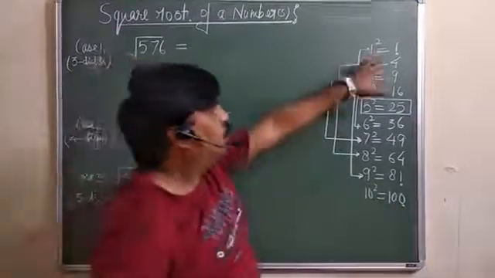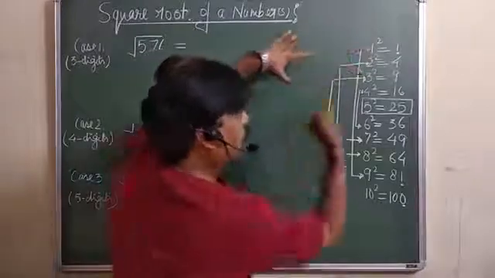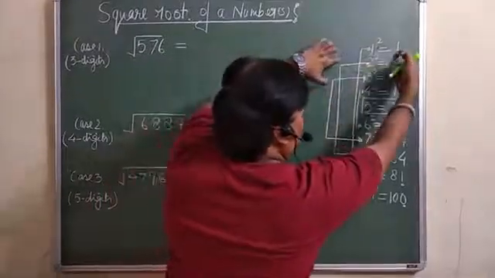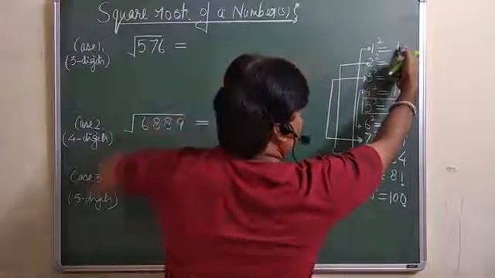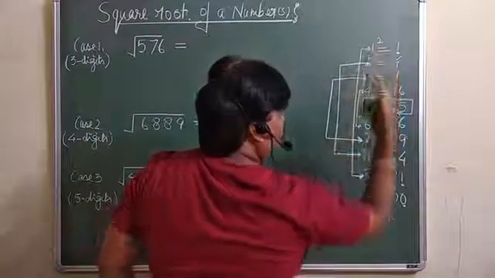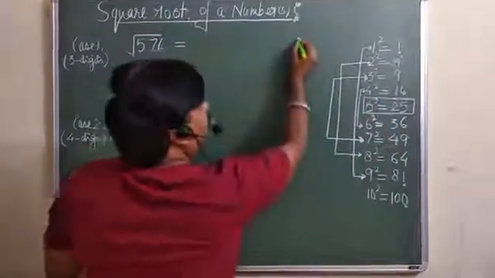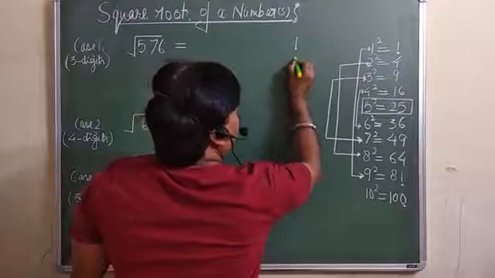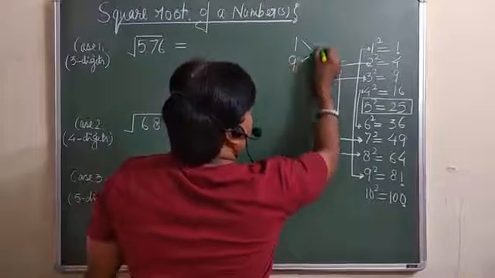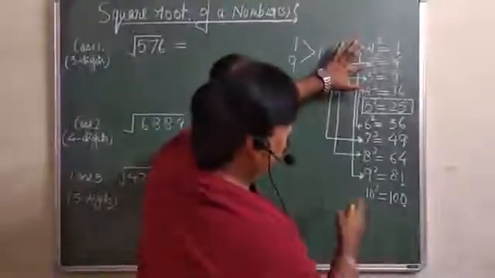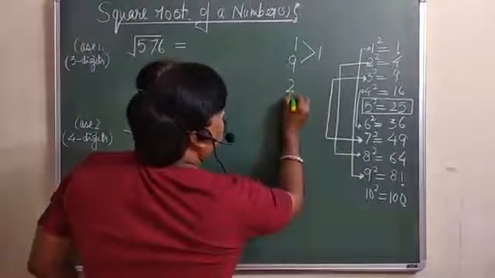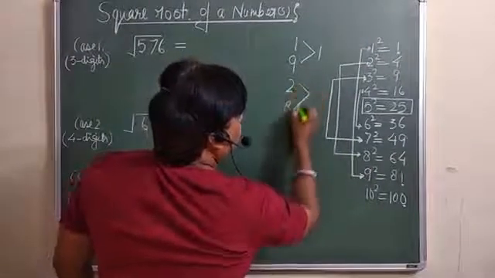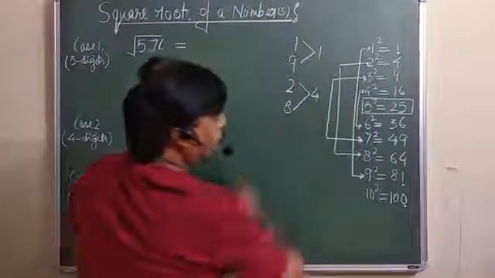So you should know that if you do the square of 1 or 9, the unit place digit will be 1. Similarly, 2 and 8 squared give unit digit 4.